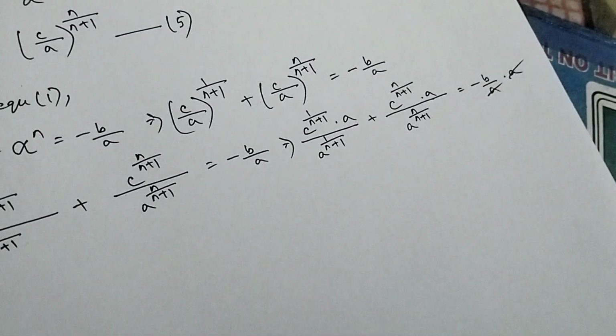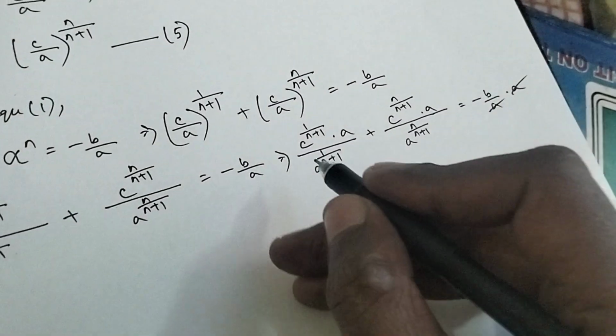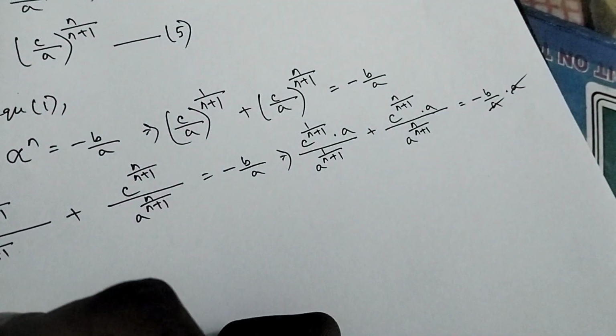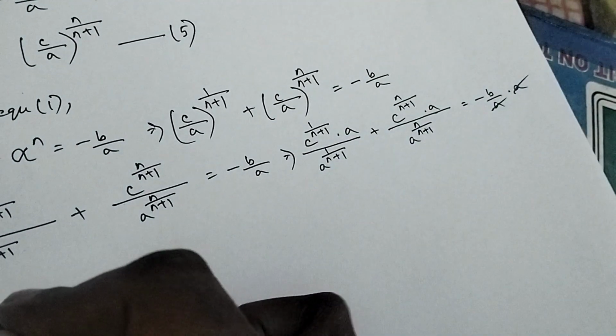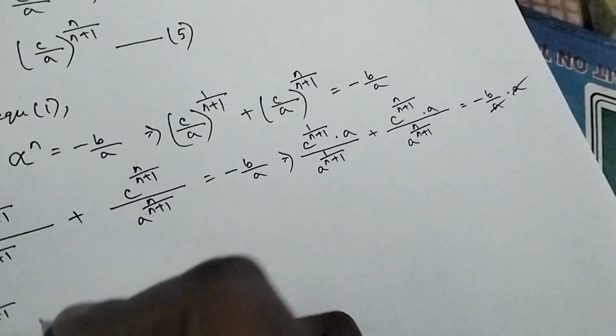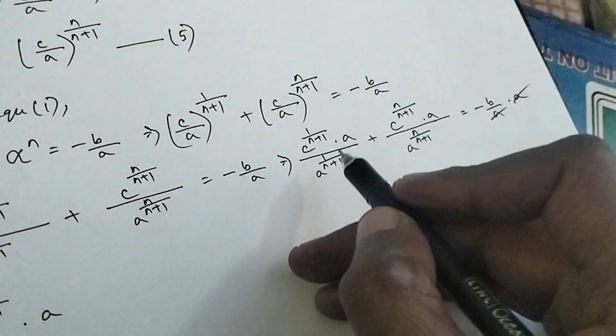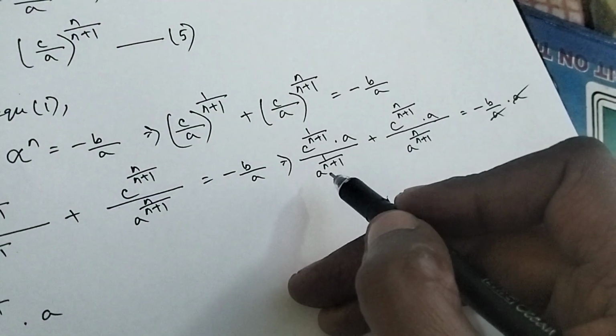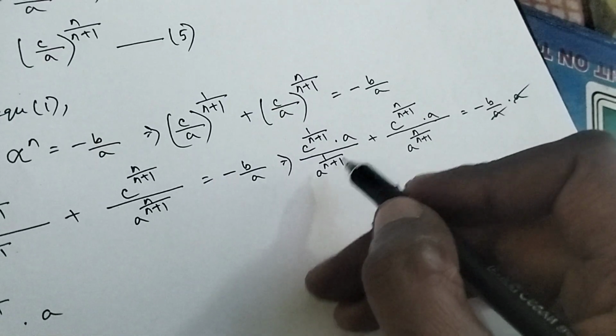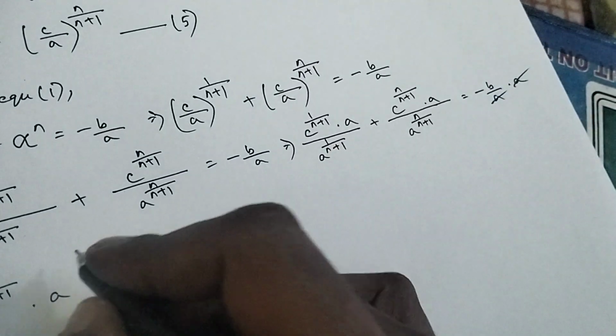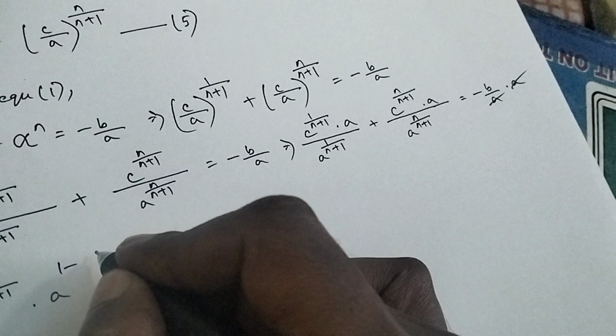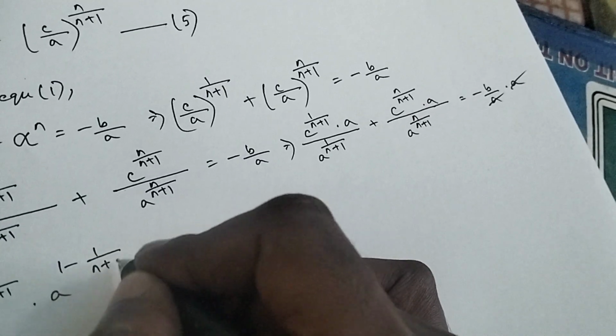So here c to the power 1 by n plus 1 into a, when bases are same and it is the division, the power will get subtracted. So 1 minus 1 by n plus 1.